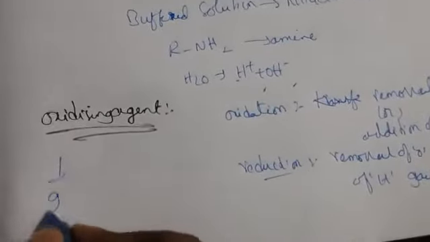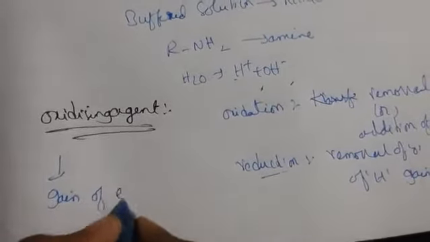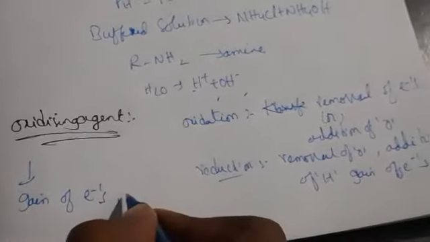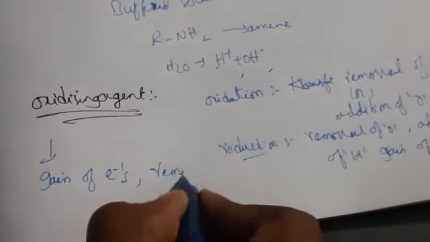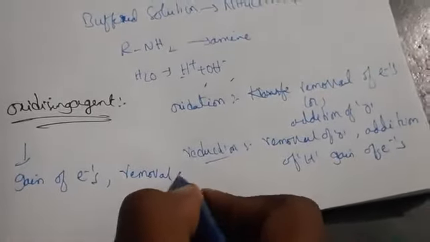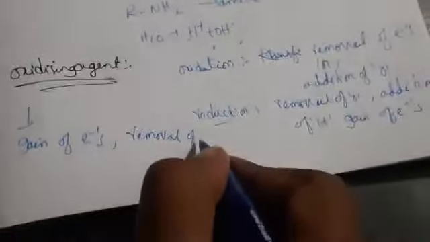Then what is an oxidizing agent? The reverse of oxidation we call an oxidizing agent, meaning gain of electrons and removal of oxygens, we call it the oxidizing agent.